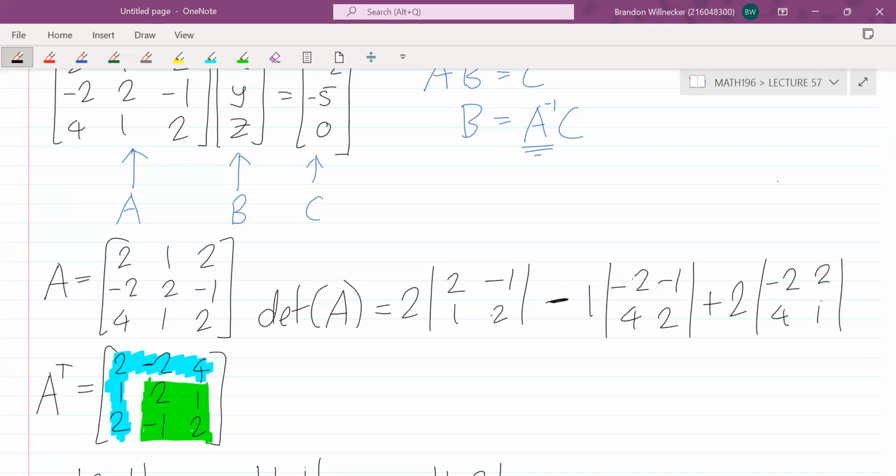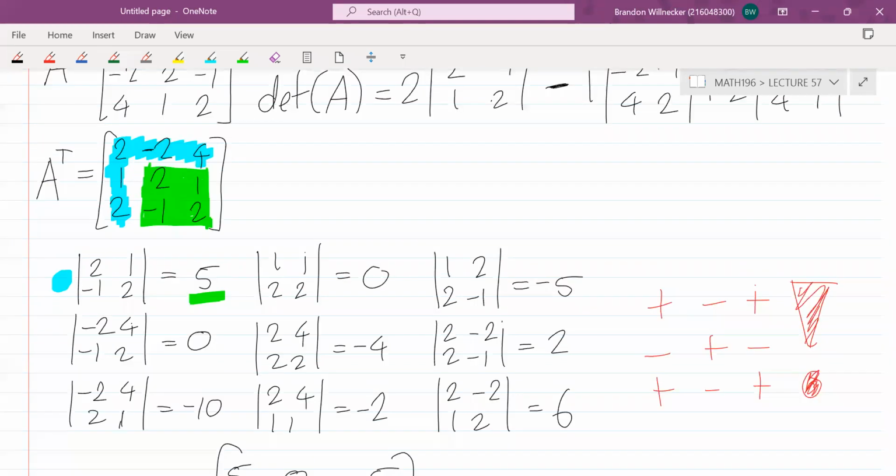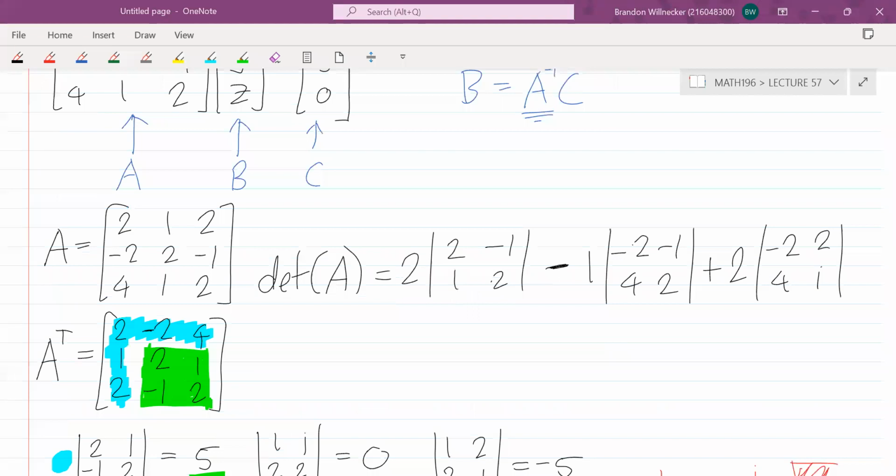Okay, exactly the same procedure as we used to find these 9 entries. You're just looking for the submatrix. So this is going to give us 2 times 4 plus 1, minus 4 plus 4, so that's a 0, and then plus 2 times minus 2 minus 8.